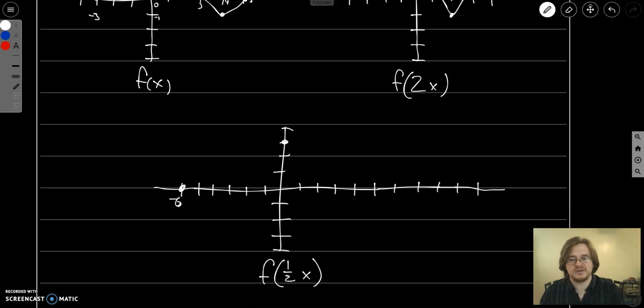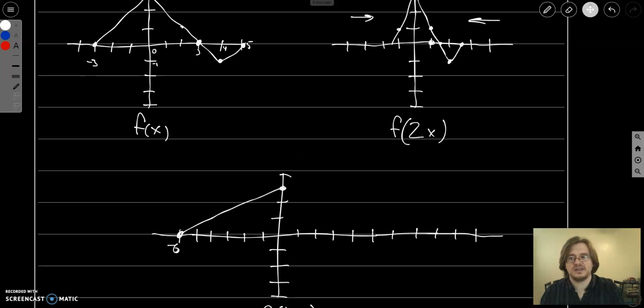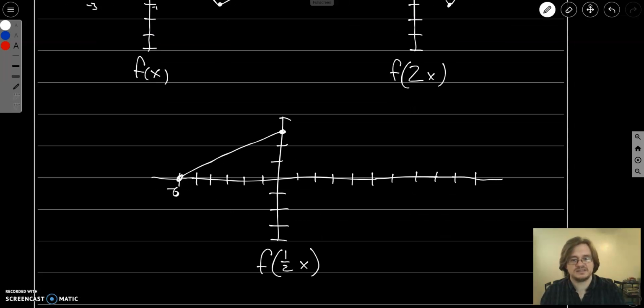And we'll still climb up to 3. And then we'll climb back down to 0, but instead of hitting 0 at 3, we're going to hit 0 at 6. 1, 2, 3, 4, 5, 6. And then we'll shrink down 1 before climbing back up 1.